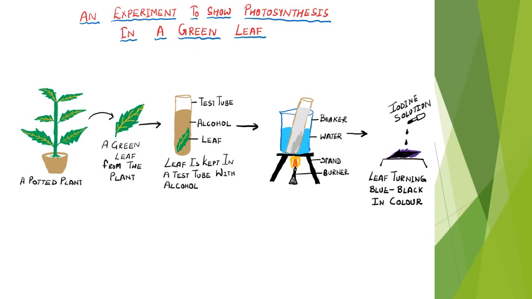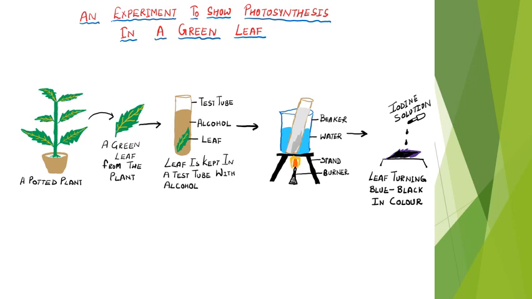Then after this, a green leaf from this plant is taken and put into a test tube, which is there in this diagram, and in this test tube alcohol is filled. Why alcohol?